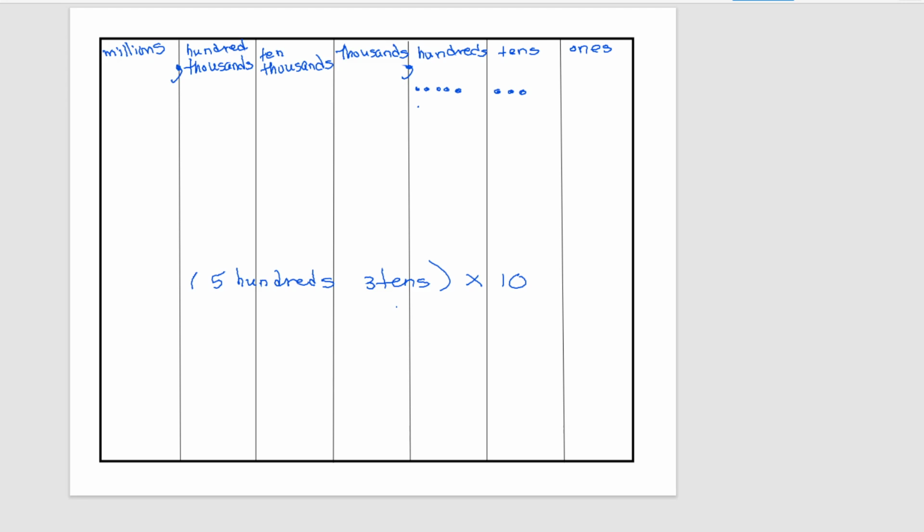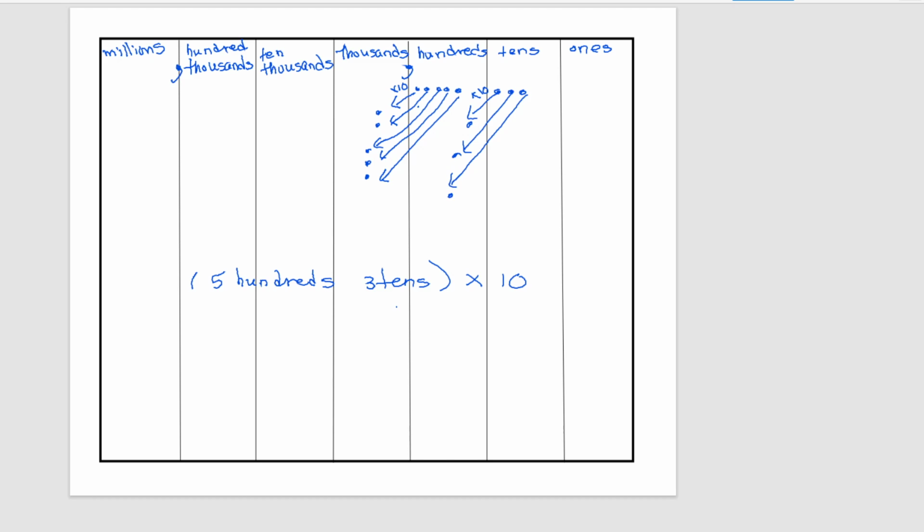This time, instead of drawing all the dots, I'm going to use the shorthand way that we said. We know we're multiplying this by 10, so 10 hundreds will give us 1,000, and another 1,000, and another 1,000, another 1,000, and another 1,000. And the same with tens. 10 tens be 100, another 100, and another 100.